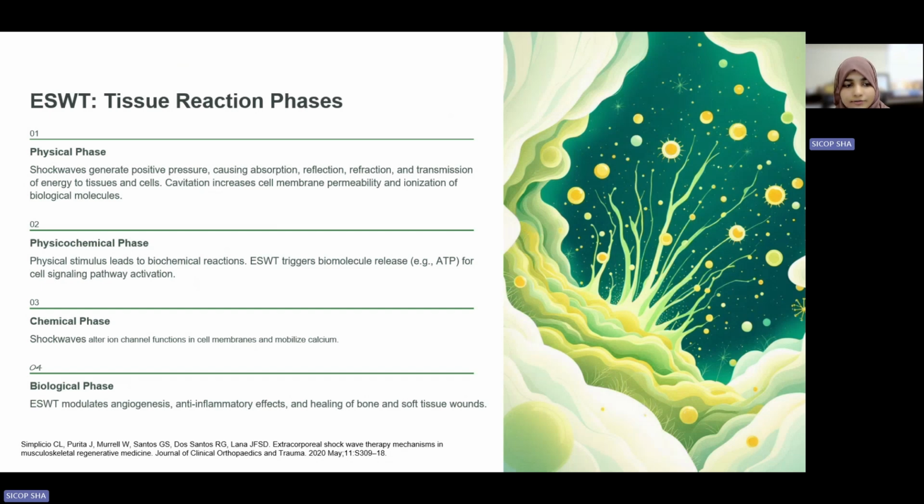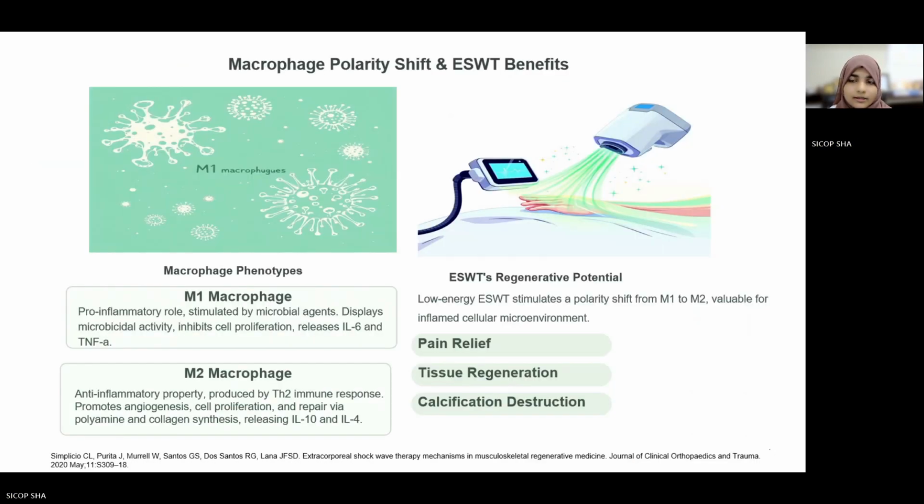In the biological phase, extracorporeal shockwave therapy modulates angiogenesis, has an anti-inflammatory effect, and helps in healing of bone and soft tissue. With extracorporeal shockwave therapy, there is also a polarity shift of the macrophages.